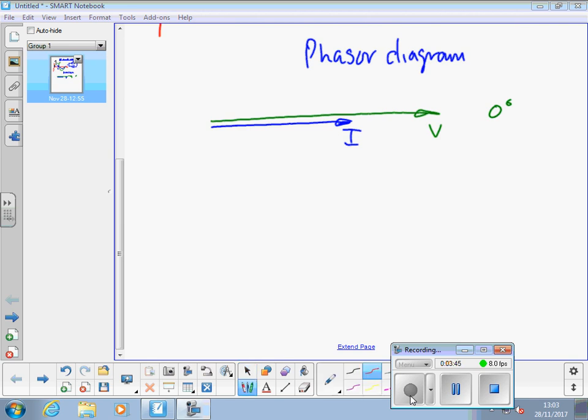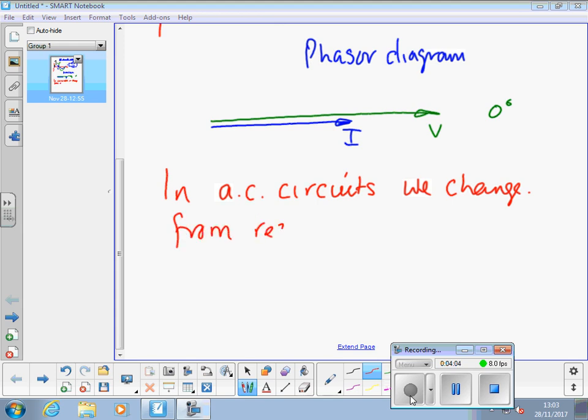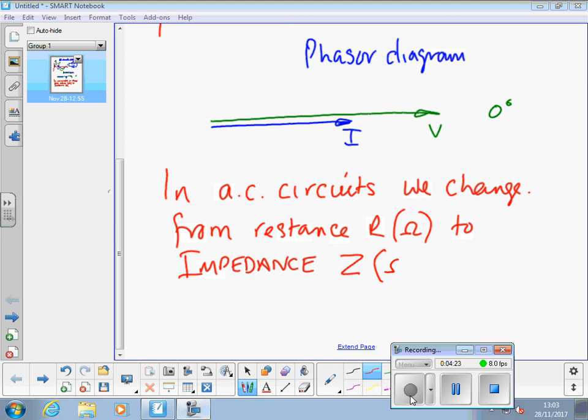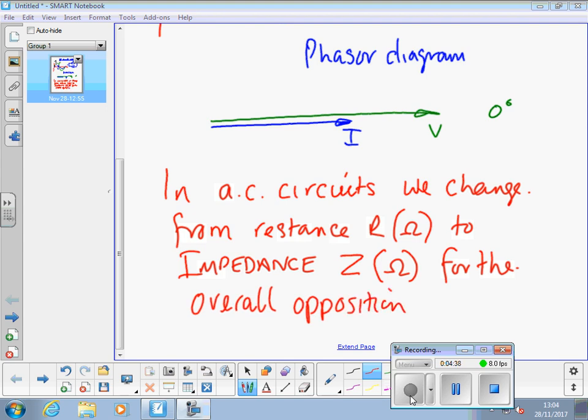What we need to make note of is, in AC circuits, we change from resistance R in ohms to impedance Z, also measured in ohms, for the overall opposition to current flow.